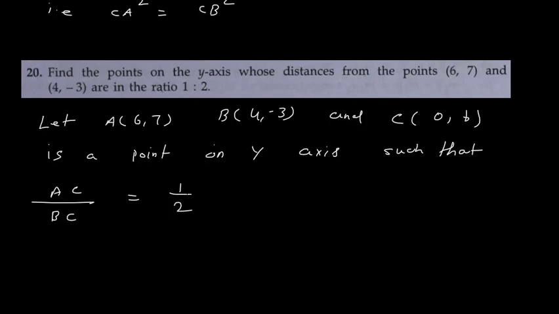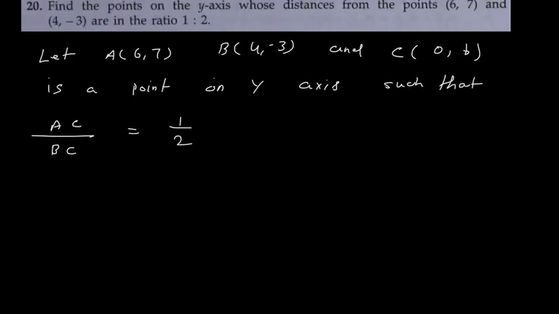Right. So AC upon BC, therefore AC square upon BC square is equal to 1 divided by 4.